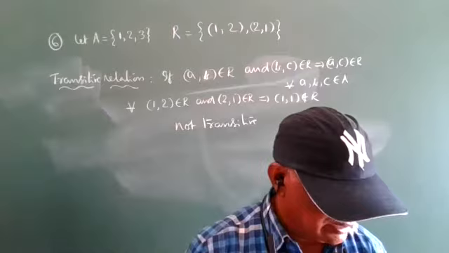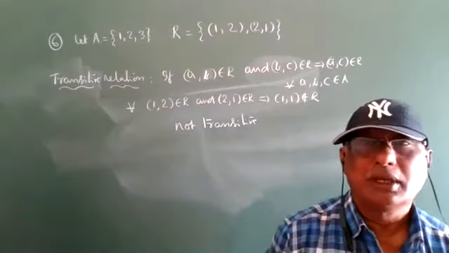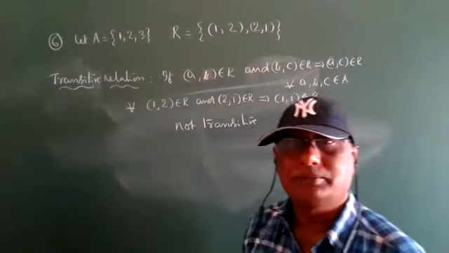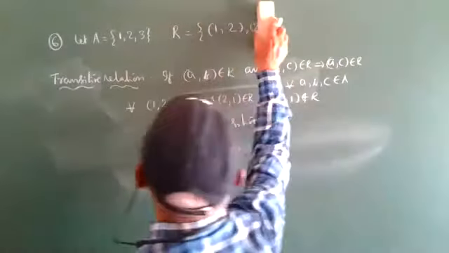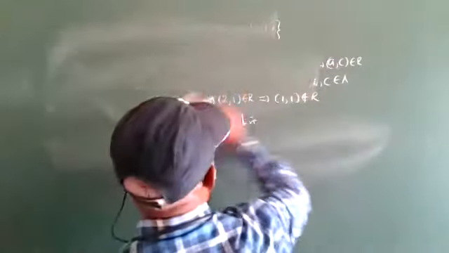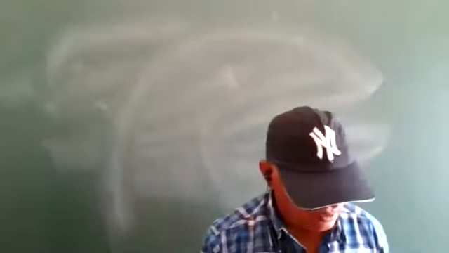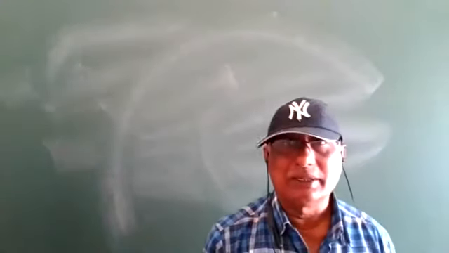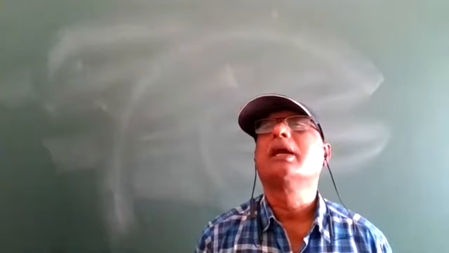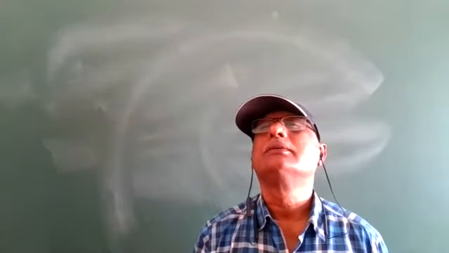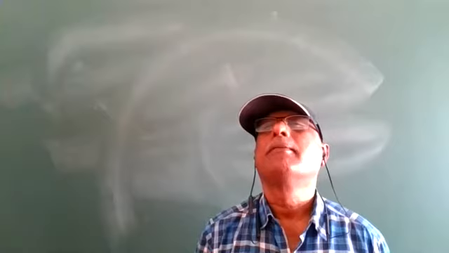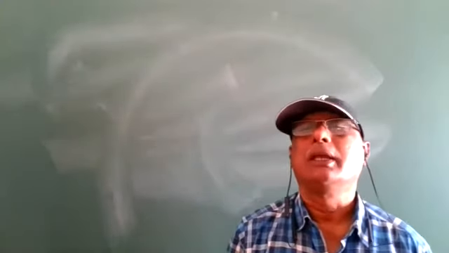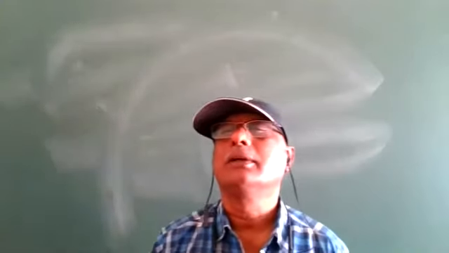First, you have to go through the seventh problem. Everyone see the seventh problem. Everyone observe, the seventh problem is: show that the relation R in the set A. Okay?